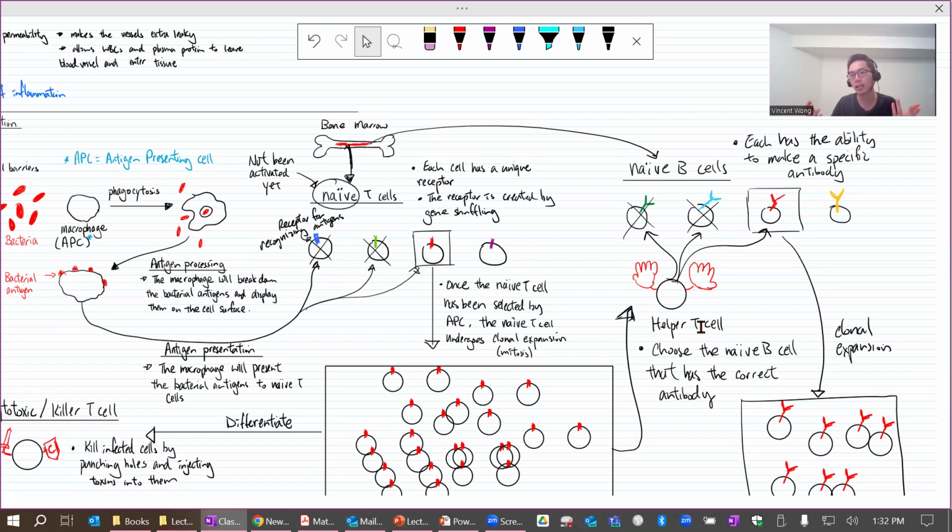But if you don't, because these populations keep on turning over, the ones that are not used get killed off, and then you get new ones. You constantly refresh the population. So it's just a matter of time before you are able to create the right cell, right? But that's the key thing: are you able to make it in time before it makes you super ill, right? Does that make sense?